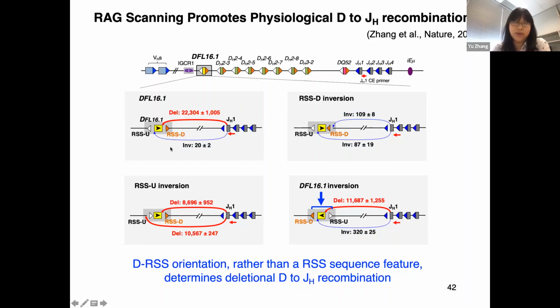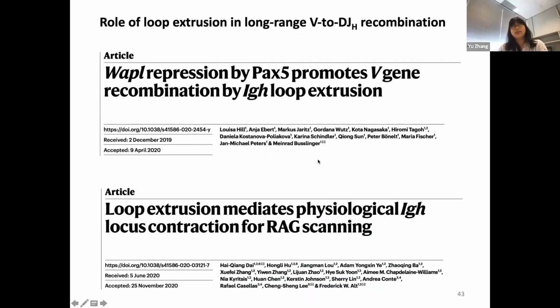So how about the V2DJ joining process? This has been nicely tested by two very elegant studies in 2020 and 2021.